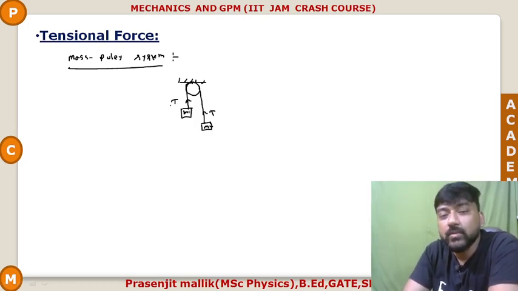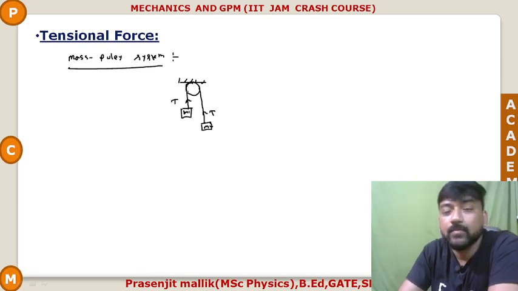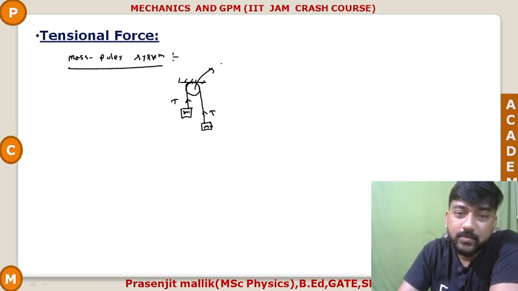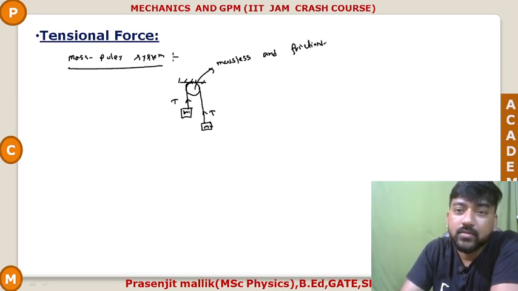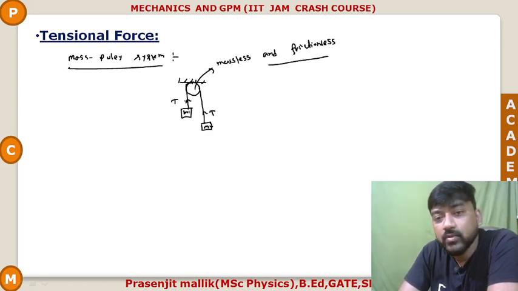But these two T will be the same if and only if the string is massless, the pulley is massless, and there is no friction between the pulley and the string. So the pulley should be a massless and frictionless pulley. Then only the tensional force on both sides of the pulley will be the same.